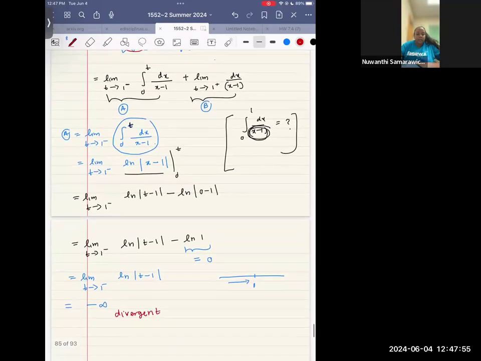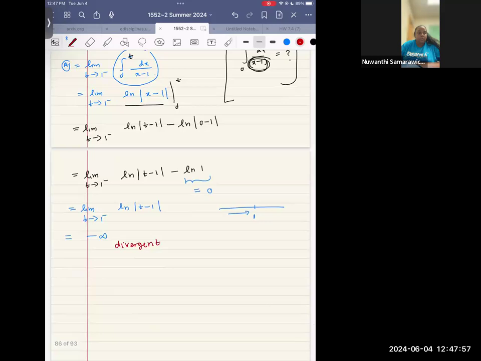So we can say this whole integral, we can't evaluate it because it's divergent. Okay.